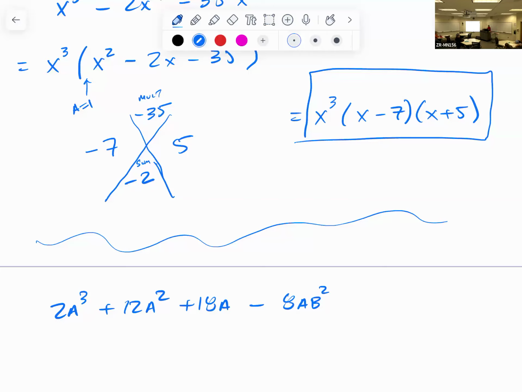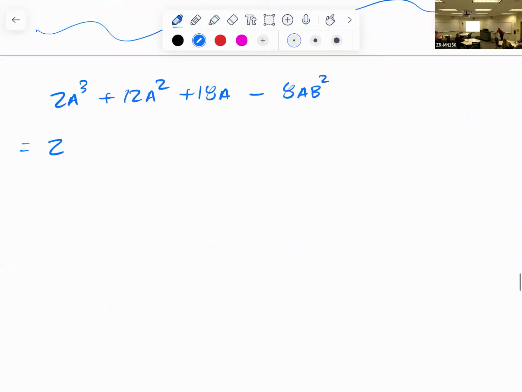All right, so 2A cubed plus 12A squared plus 18A minus 8AB squared. Brian, what do we do first? Find the greatest common factor, which is 2. Is that it? 2 and 4, I believe.